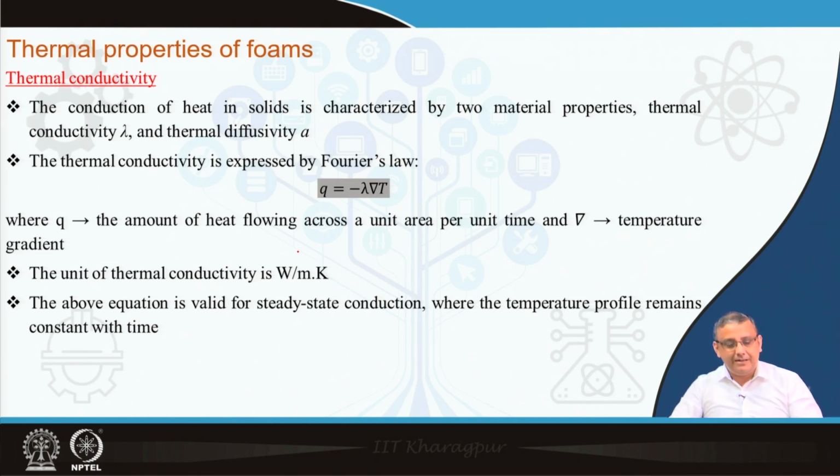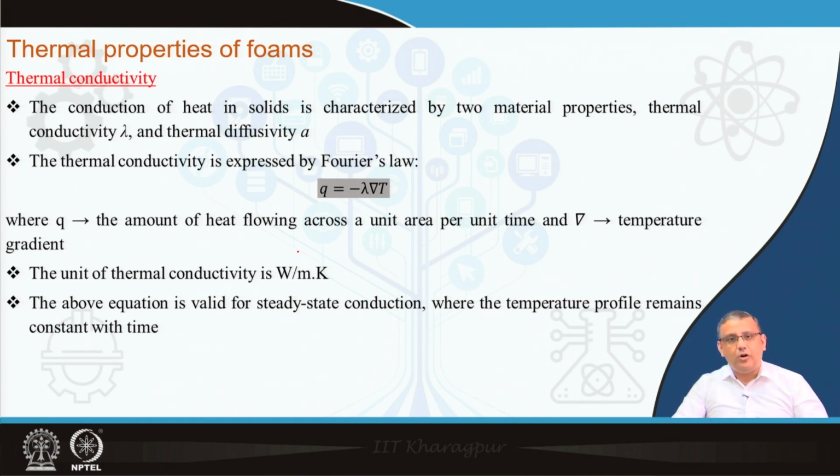The thermal conductivity of the material typically follows Fourier's law, where Q is the amount of heat flowing across the two surfaces at different temperatures, and nabla T is the temperature gradient. This expression is for steady state conditions, where the thermal gradient or profile remains constant over time.